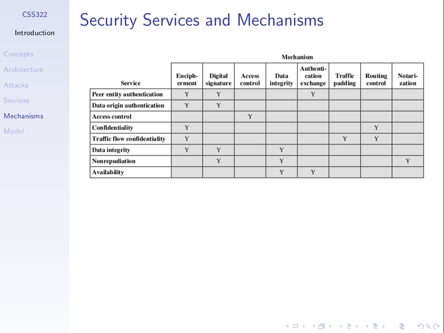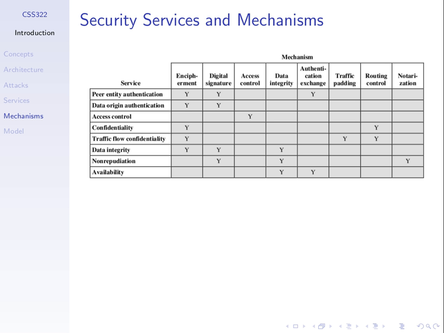We can use encryption and digital signatures to implement peer entity authentication. We use encryption or encipherment to implement confidentiality. And other mechanisms can be used as well.